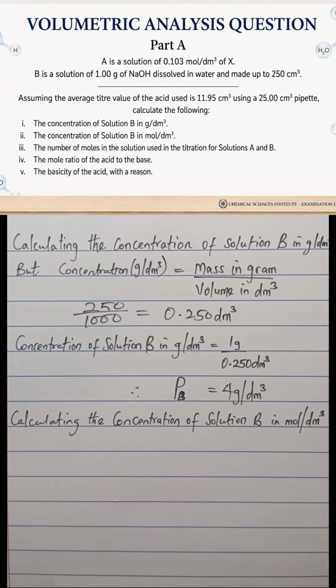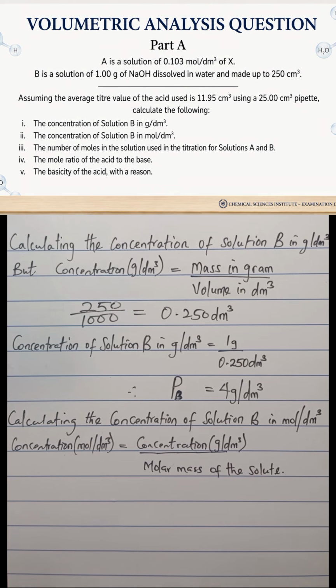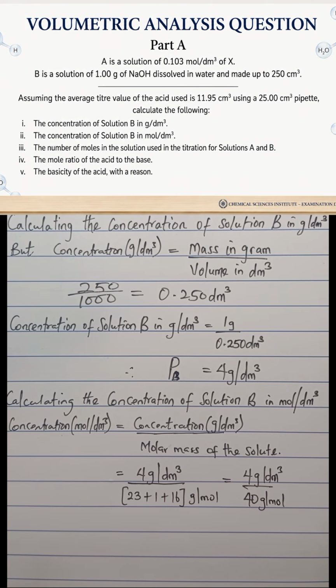Here I prefer to use that relationship. We already have the concentration in gram per dm cube, so let's go for the molar mass of the solute. Remember that Na is 23, H is 1, and O is 16.